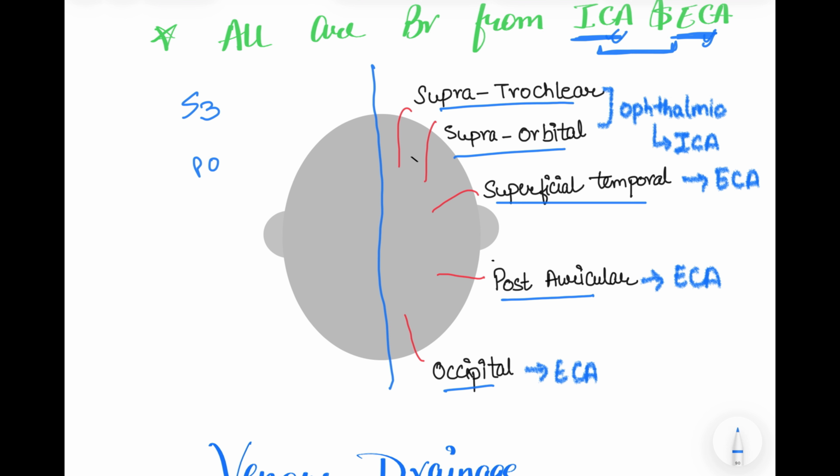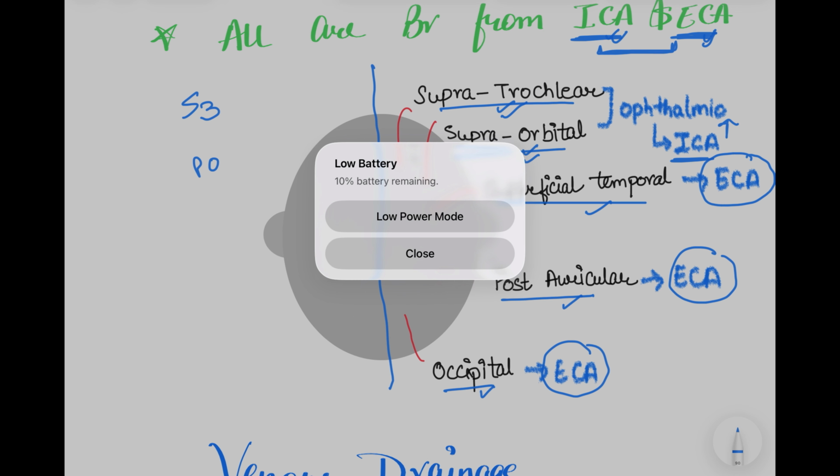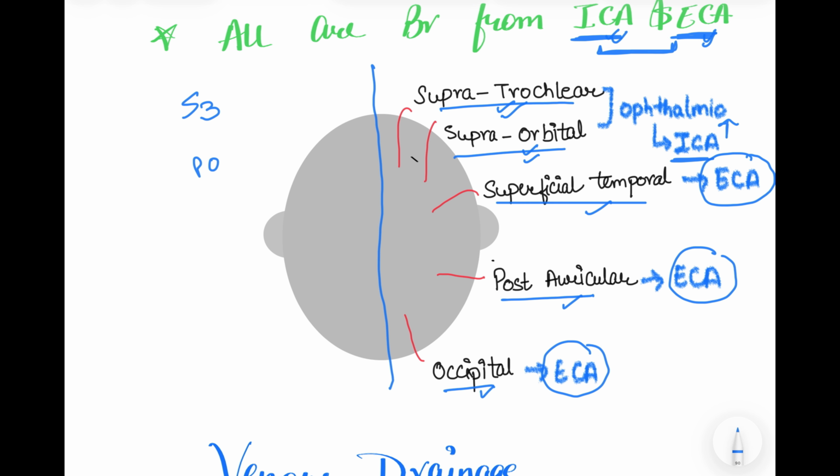Out of these 5, the first 2, supratrochlear and supraorbital, are branches of the internal carotid. Which branch of internal carotid? Ophthalmic branch of internal carotid. The rest, all 3, are branches from your external carotid artery. So a beautiful anastomosis is seen between your internal carotid and external carotid.